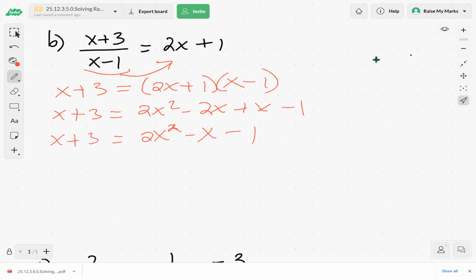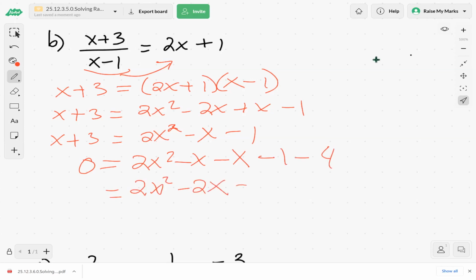Okay, so now let's bring everything over to one side of the equal sign and group our like terms. Let's bring everything over to the right-hand side. So we get 2x squared minus x minus x, minus 1 minus 4, and we get 2x squared minus 2x minus 5.